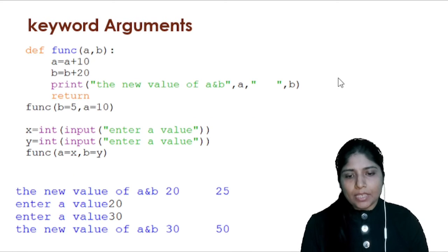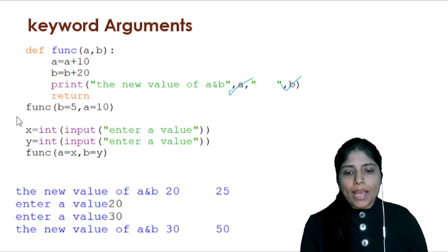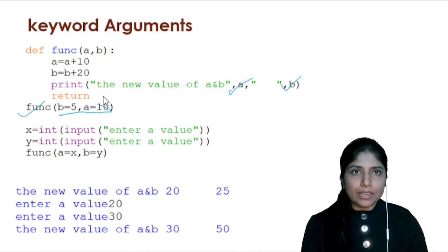See the example. Here I have a function, and in the function I am receiving two values a and b. Inside the function, a is incremented by 10 and b is incremented by 20. Now I am printing the new values of a and b inside the function and just returning to the function call. Now I have called this function with keyword arguments. Here I am not following the order, because if you are using keywords in a function call, you need not follow the order.